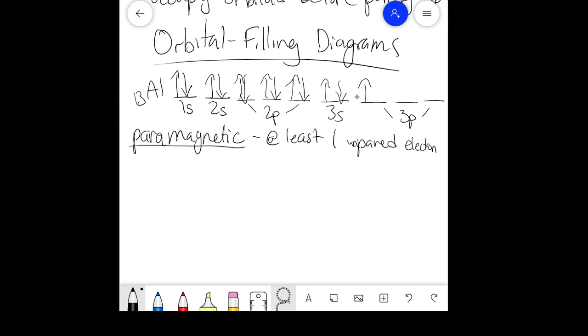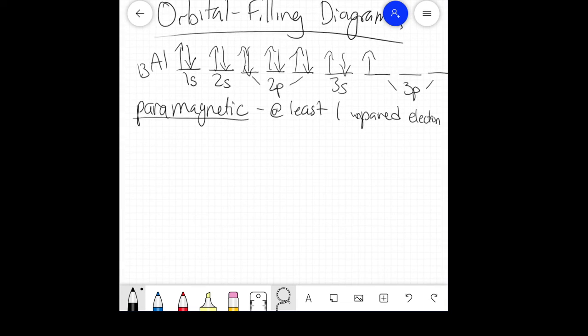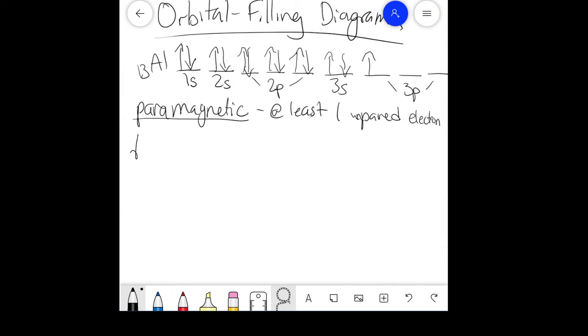So see, we have our one electron here. It's all by itself. It doesn't have a pair. But say if it was calcium, that would be a diamagnetic element because there'd be no unpaired electrons, and that means it's weakly repelled by the magnetic field.